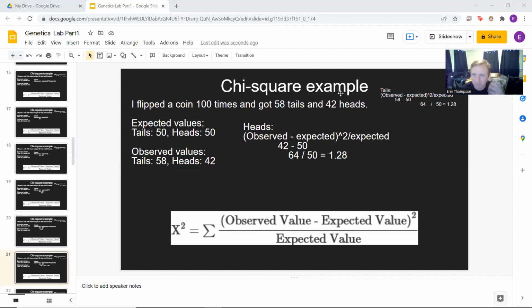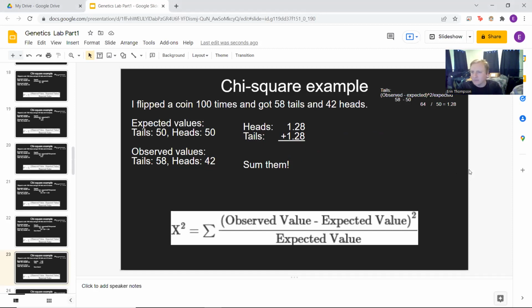That's exactly right. You apply sigma, which is a great way of saying that. But I think a probably more intuitive way of saying it is now we just add them up. So we did observed minus expected squared divided by expected for tails. Now we did it for heads. And now we have to deal with this awful Greek letter here. But all we do to deal with it is we just add these two things together. We got 1.28 for heads. We got 1.28 for tails. That gives us a value of 2.56.